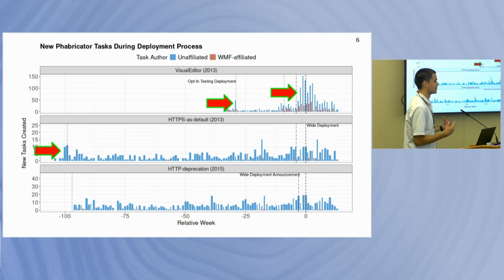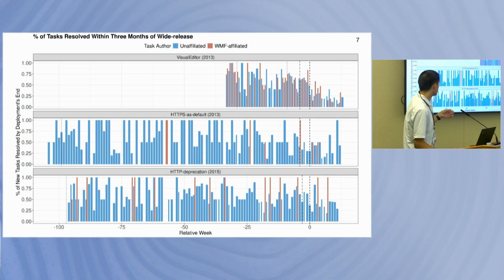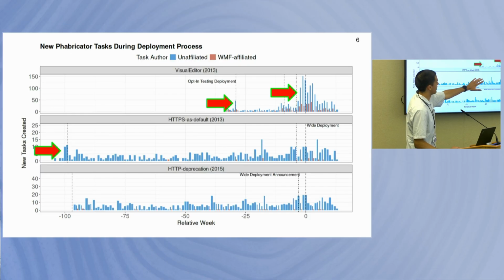It seems like everyone's procrastinating regardless of how you structure things. What's especially interesting is that a lot of the spike in activity is from volunteer or unaffiliated contributors. They're not from the contributors who are affiliated with the Wikimedia Foundation. But when we look at what tasks actually get solved, it's not as stark as the raw counts might show.